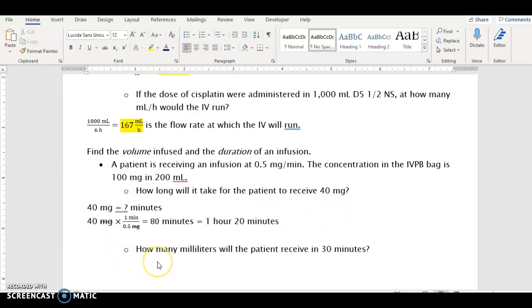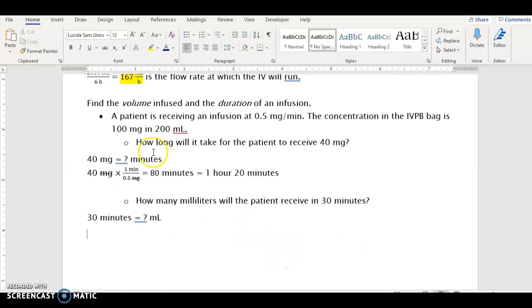Okay, let's look at the next part of the question, and it says, how many milliliters will the patient receive in 30 minutes? Okay, so 30 minutes is equal to how many milliliters? So for obvious reasons, we're going to start with the 30 minutes.